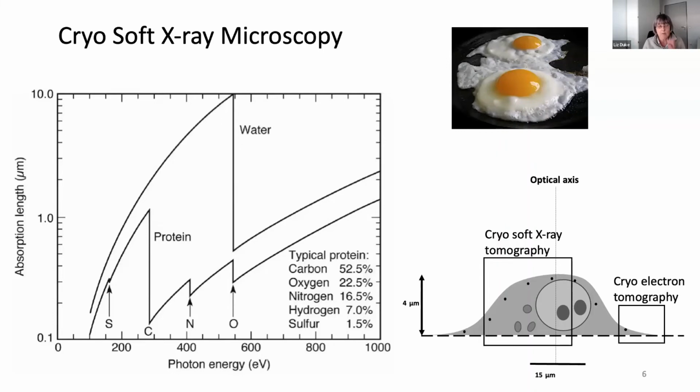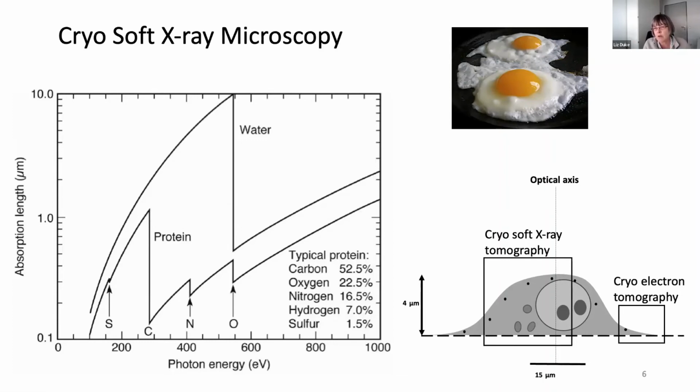They're only 500 electron volts, and the reason why we use them at 500 electron volts is that the X-rays pass through the sample, and between the carbon K edge, which is here, and the oxygen K edge, you have preferential absorption of the X-rays by the carbon-containing proteins versus the oxygen-containing water in the surrounding areas. But you also have the penetration power of the X-rays as well.